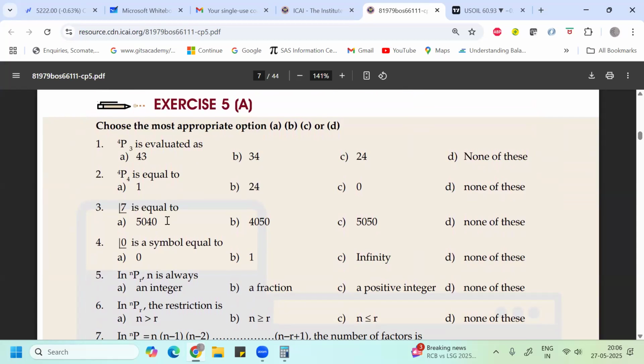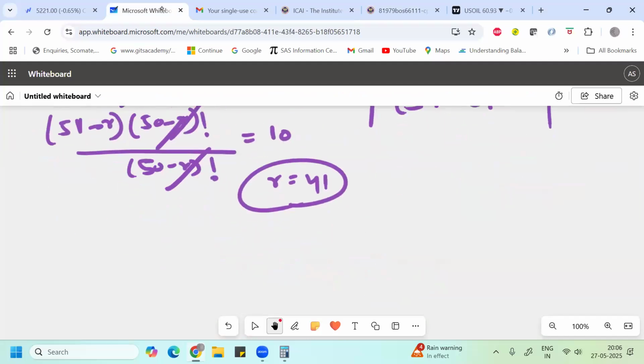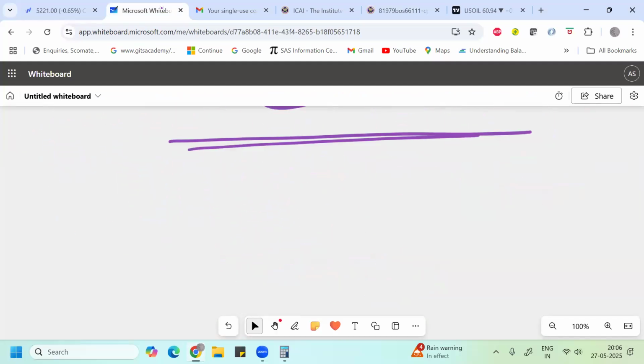And 0 factorial is 1. You remember this? When it comes to 0 factorial, it is 1. So I can write n factorial as n into (n minus 1) factorial.